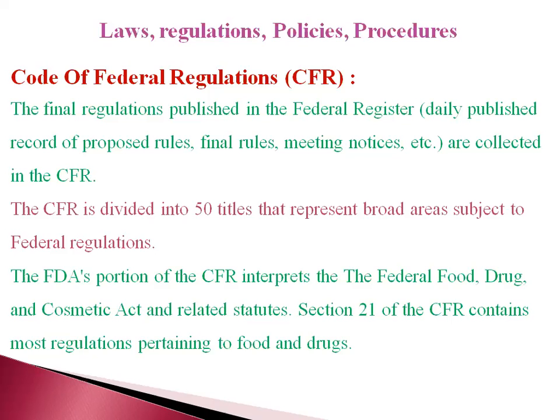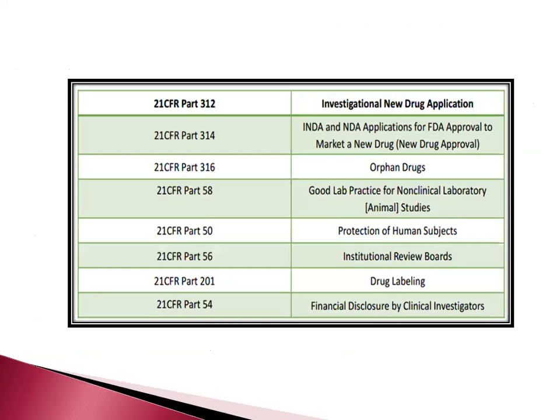Section 21 in the CFR is most important. And as per that CFR section, we are filing various types of applications to the regulatory agencies. So these are different 21 CFR sections with different parts.